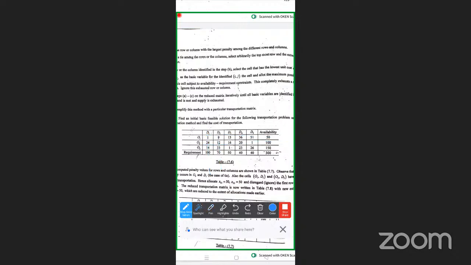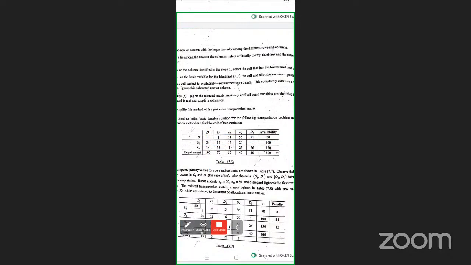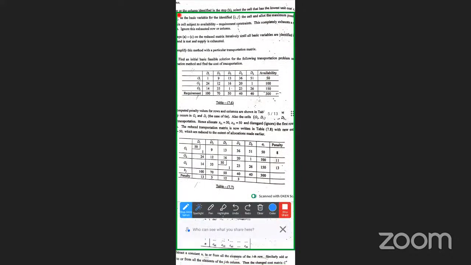Penalty is nothing but, in the first row, these all are the costs. In this first row, the first least element is 1 and the second least element is 9.